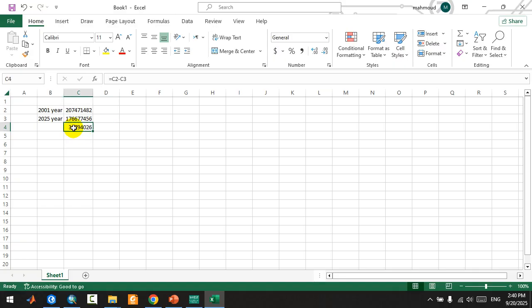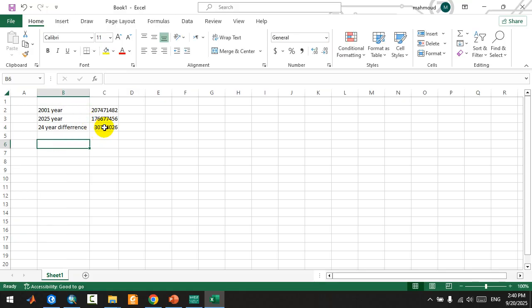Okay, the 24-year difference, the difference in the 24 years, and the carbon emitted into the atmosphere. The reason is the land use change in this period.